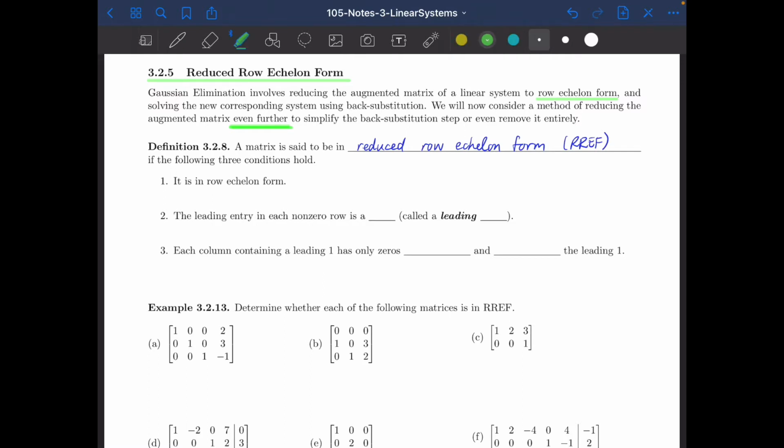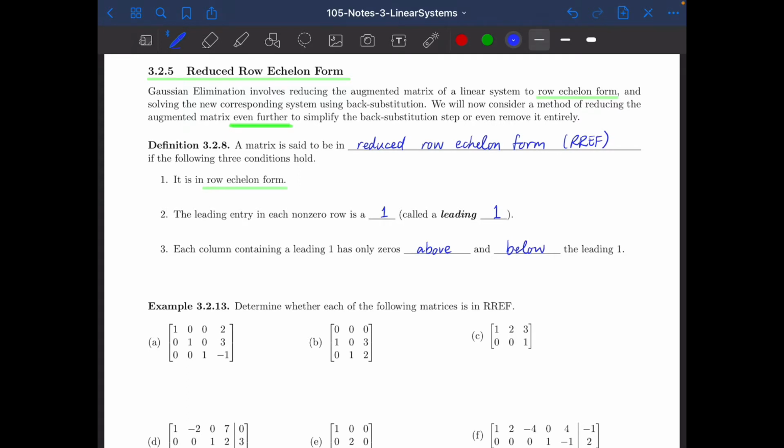The first condition is that the matrix is in row echelon form. The second is that the leading entry in each non-zero row is a 1, called a leading 1. And the third condition is that each row containing a leading 1 has only zeros above and below the leading 1.